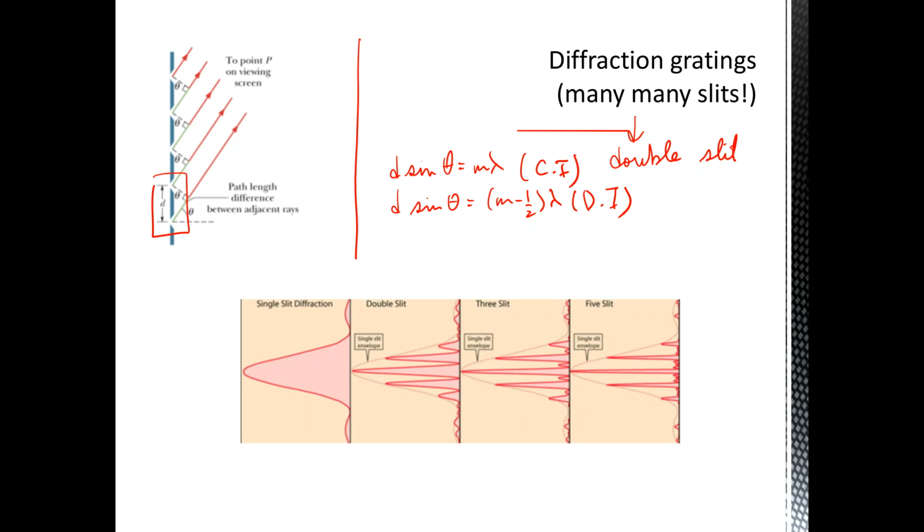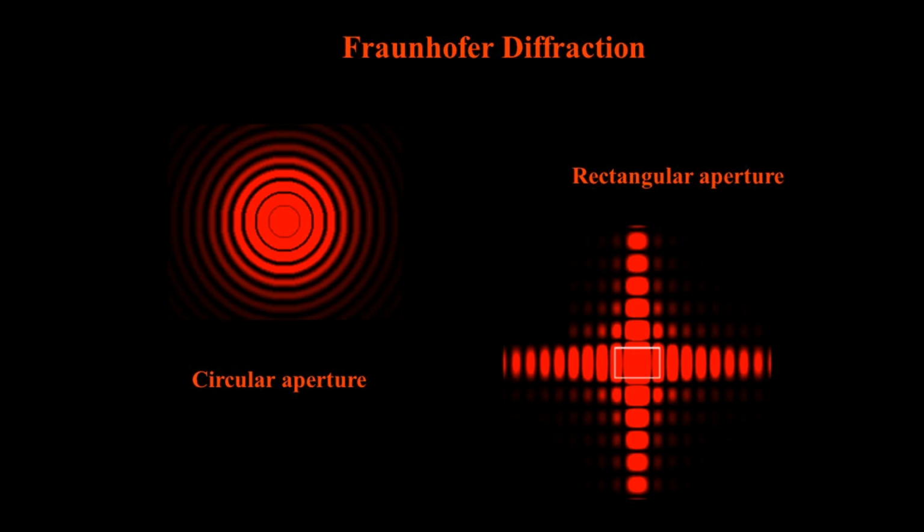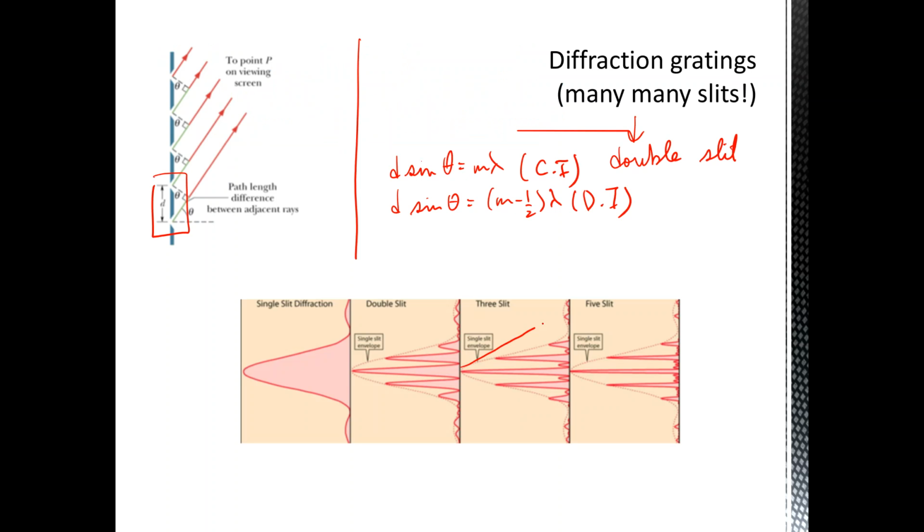I'll let you figure it out. I could ask you to do that for any one of these bands. I would do the destructive condition on either side, find the difference in the angle, and find the thickness, and that would be the thickness of my band.